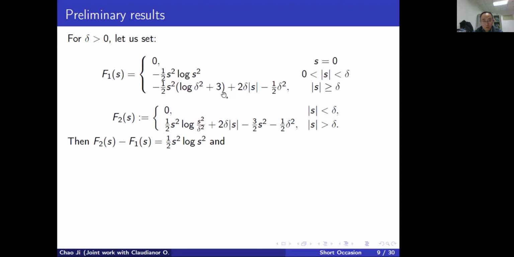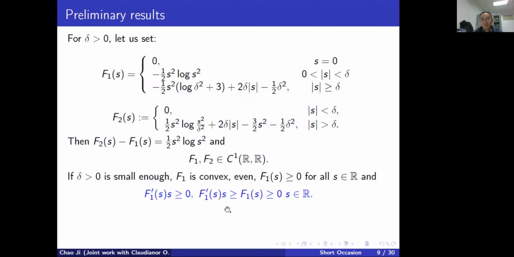Because we want this function to be convex and non-negative, so we can use subdifferentials. Because of this form, we can show f1 is convex, even, and non-negative.